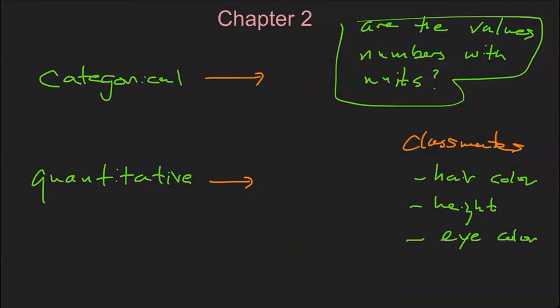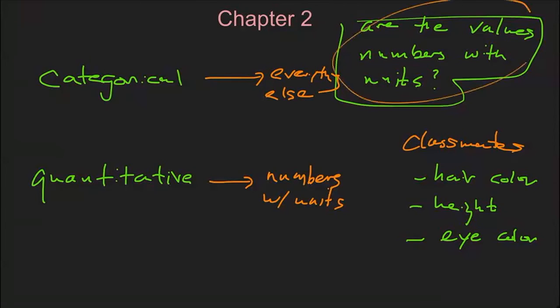So basically, to go back to our definition, quantitative variables are numbers with units. And just to keep it simple, we'll say categorical variables are everything else. Quantitative variables, numbers with units. Categorical variables, everything else. So let's try to label these variables we have here. Again, the question we ask ourselves for each one is, are the values numbers with units?